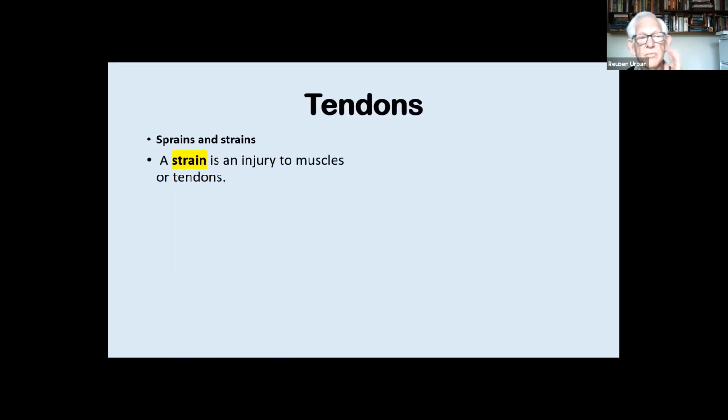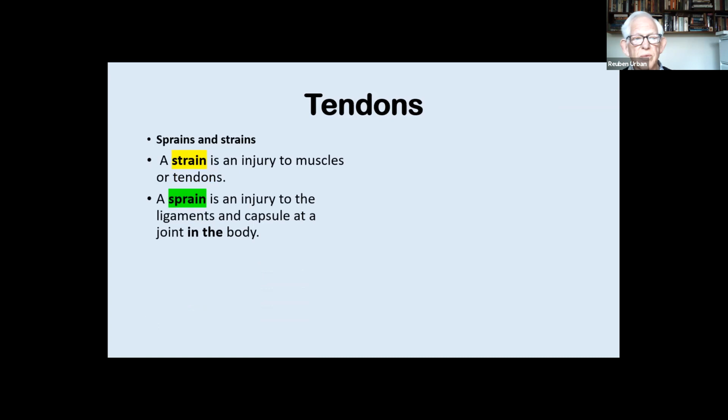Now, since I'm mentioning tendons, I'll put in sprains and strains, and people don't know the difference. A strain is an injury to a muscle or a tendon, whereas a sprain is an injury to the ligaments and the capsule at the joint in the body. Ligaments are between, for example, in the shoulder, even in the jaw, between the lower jaw and the skull, there's a bit of ligament in there.